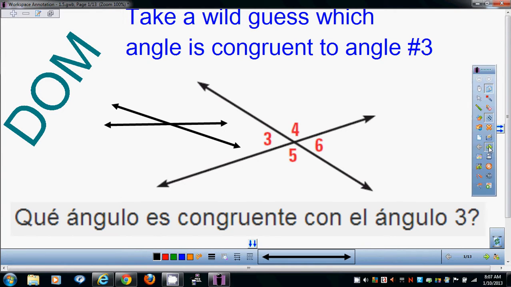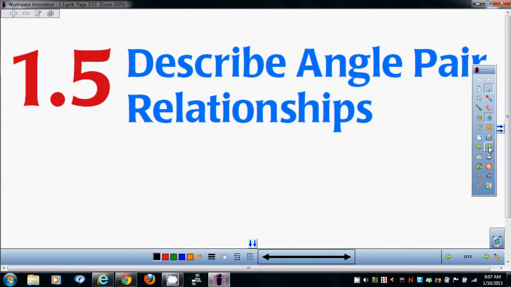All right, we are in 1.5, angle pair relationships.